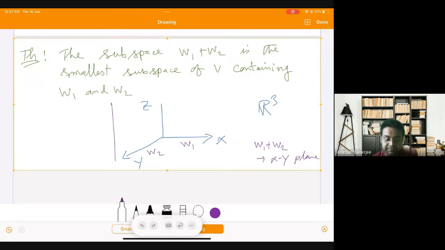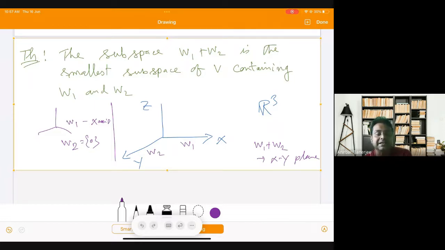Other example, let's say that your W1 is the x-axis and W2 is only the null vector. Okay. So then what are the subspaces of R3 containing W1 and W2 both? The first one is R3 itself. Second is any plane passing through the x-axis.